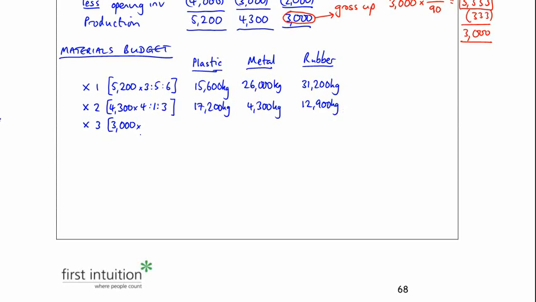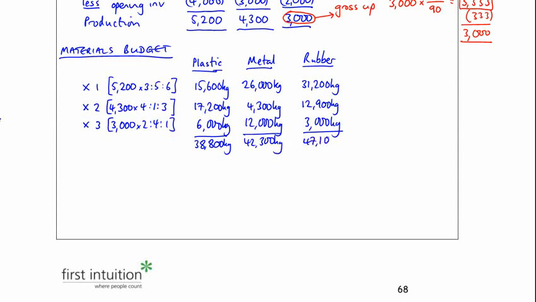And then finally X3, 2, 4 and 1 kilograms gives us 6,000 kilograms, 12,000 kilograms and 3,000 kilograms. Okay, then we can go through the process of adding those together to see how much of each material we need. So we total those up, that comes to 38,800. Then we've got 42,300 and 47,100.